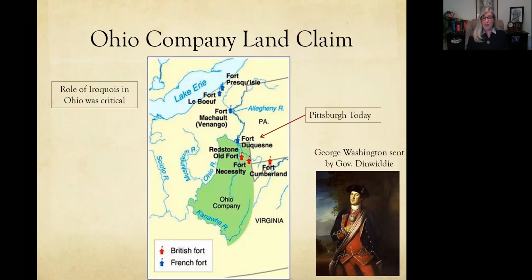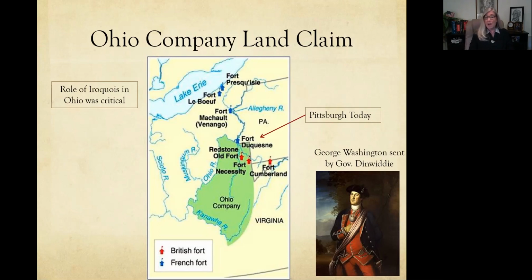The Ohio Company was a group of investors. We've talked about joint stock companies where groups of people will pool their money together in a risky sort of investment. The Ohio Company is one of those types of companies where you've got investors that are putting their money together, and they're moving out to the west, and they're taking land, claiming it for the company, and then carving it up into smaller lots of land that they then turn around and resell to settlers who are wanting to move out for opportunity.